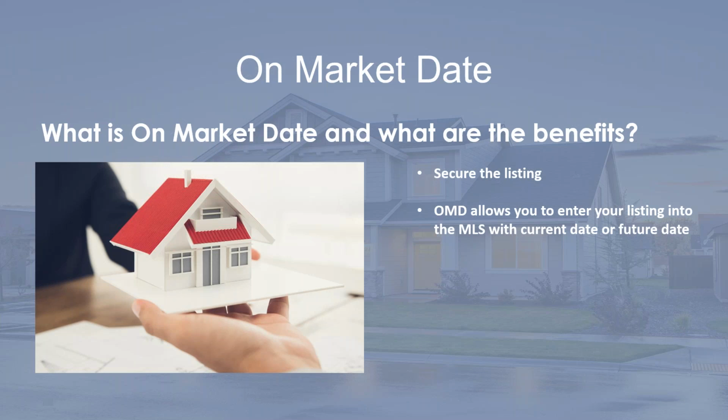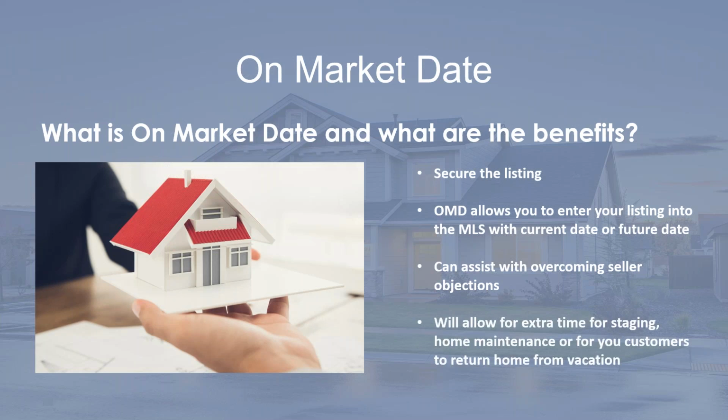So the way the on-market date works is that, with a seller, if you are prompted with one of those objections, you have a tool which allows you to put the listing into the MLS within the 3 days that we allow in the MLS. So you secure the listing, you secure the terms, you get the seller locked into that agreement for the term of that agreement.